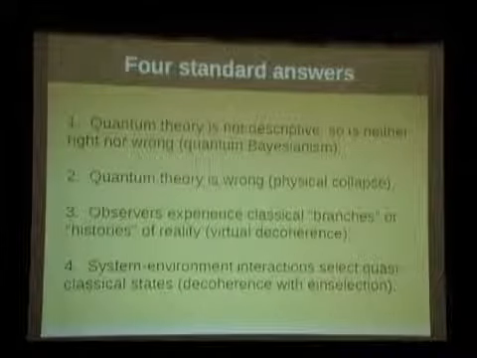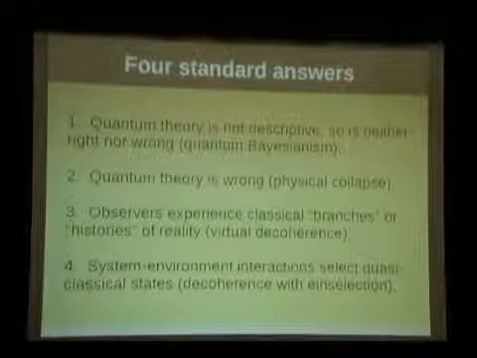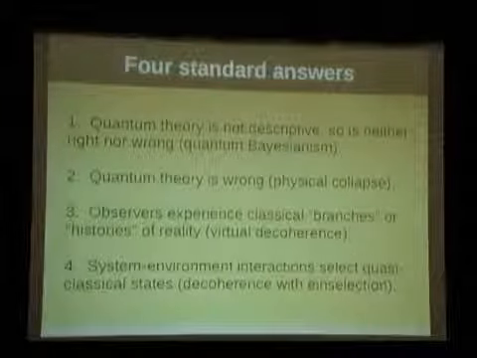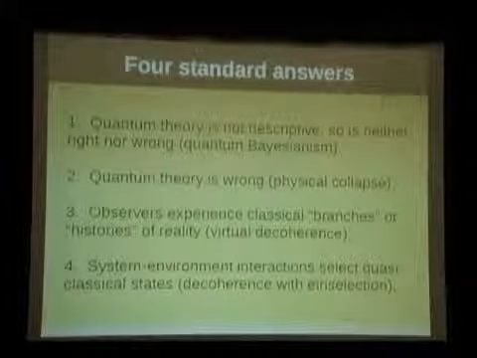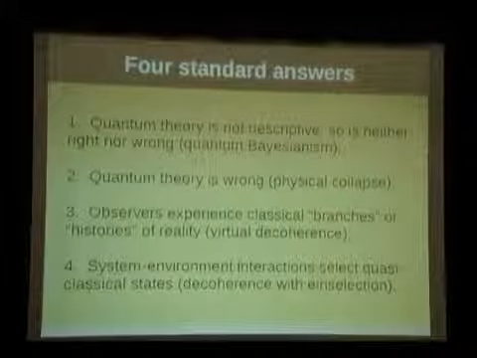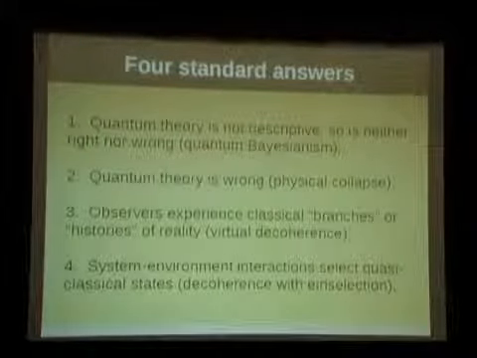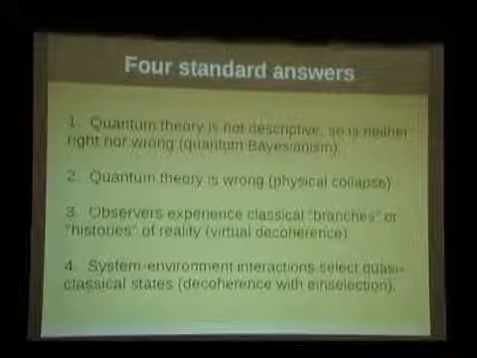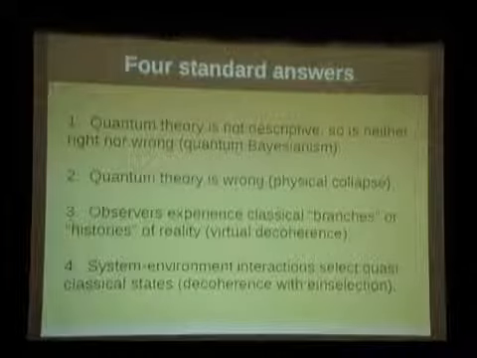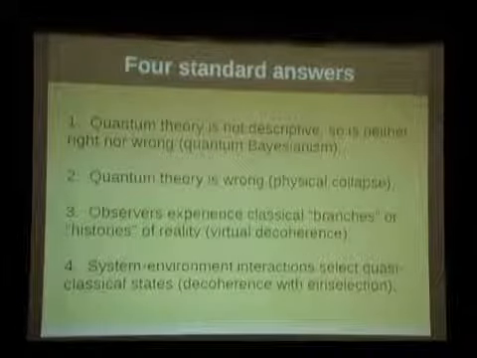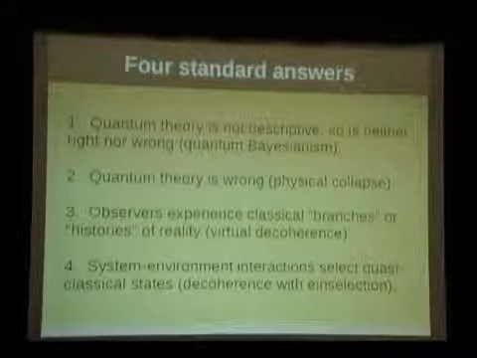Now, how to think about this? I think if you want to postulate physical collapse, and so say quantum theory is wrong, you need to think about where exactly does quantum theory apply? When exactly is evolution unitary?